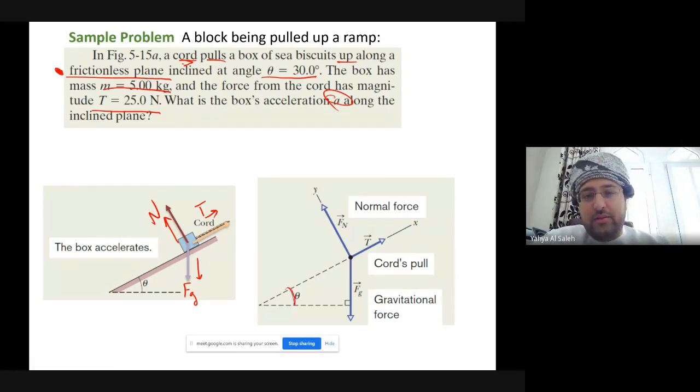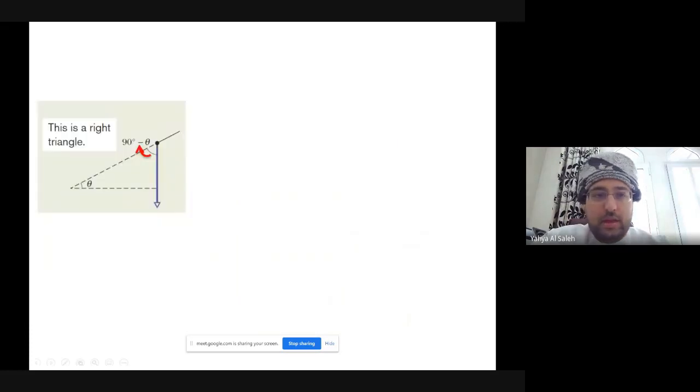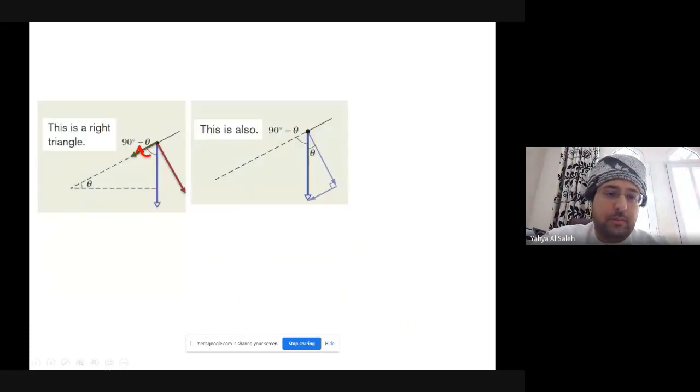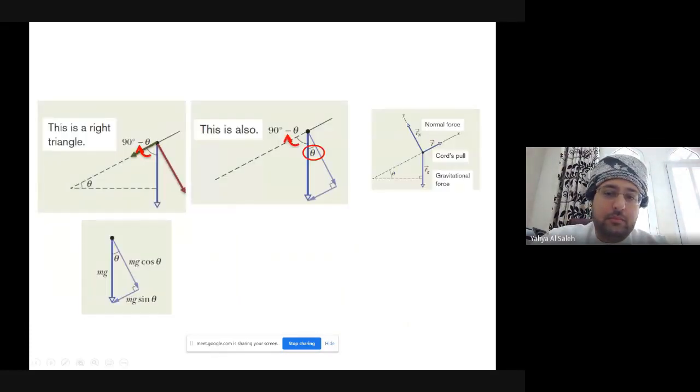I have my angle here, theta, which I know to be equal to 30 degrees. Now I need to find the components, because these forces are not all acting along the x and y axes. They're acting in different directions.